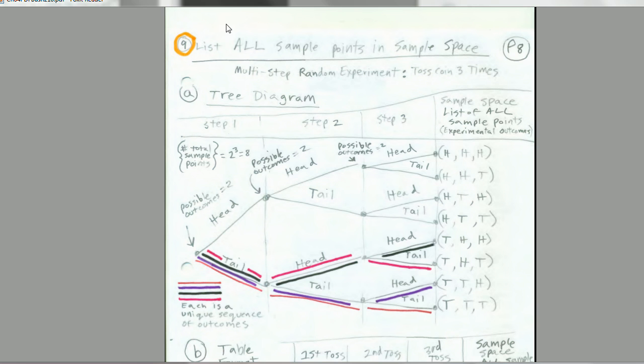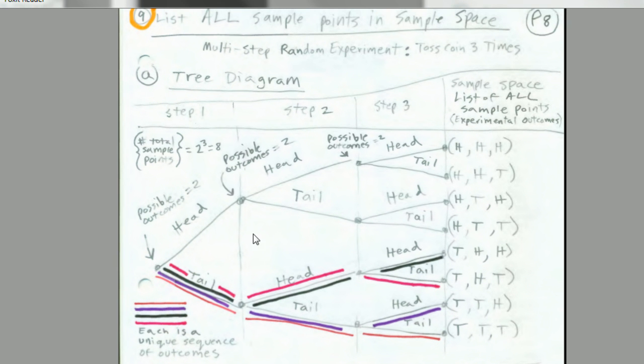Now, listing all the sample points in the sample space, we have a couple ways we can do this. One is the tree diagram. So if our experiment is tossing a coin 3 times, well, we start with the first toss, head or tail. And then when we get to this point right here, well, we can get head, tail. Then when we get to this point right here, head, tail.